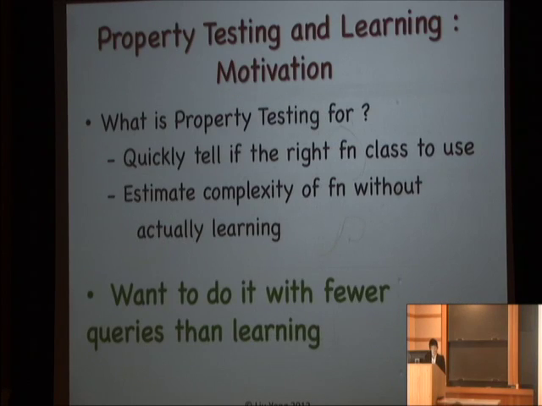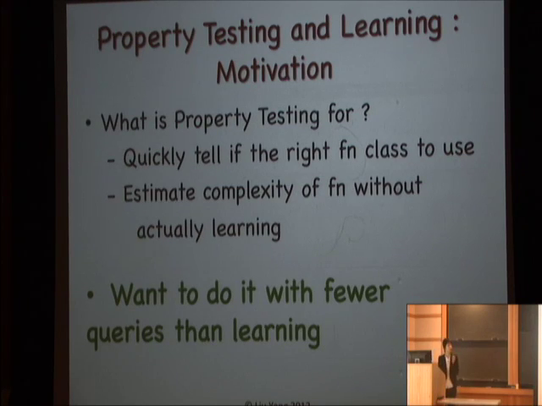So a major motivation for property testing of Boolean functions is that testing can serve as a pre-processing step before learning, basically to determine whether learning with the given hypothesis class is worthwhile. So query-efficient testers have been constructed for common hypothesis classes in machine learning, for instance, LTFs, juntas, DNFs, unions of intervals, decision trees.